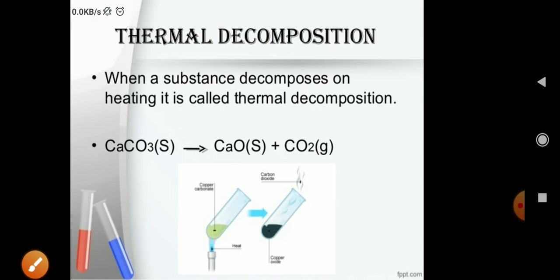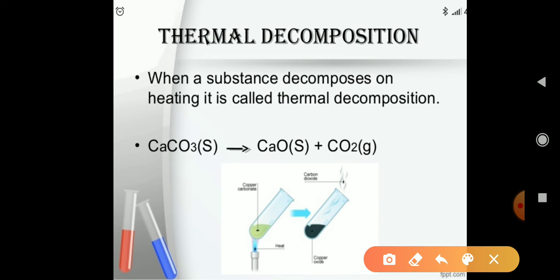Then the next type is thermal decomposition. Thermal means heat. When heat energy is supplied, it is called thermal decomposition. When a substance decomposes on heating, it is called thermal decomposition. The example is calcium carbonate on heating.